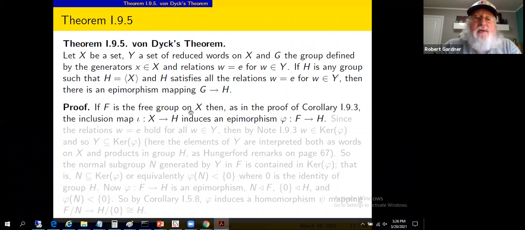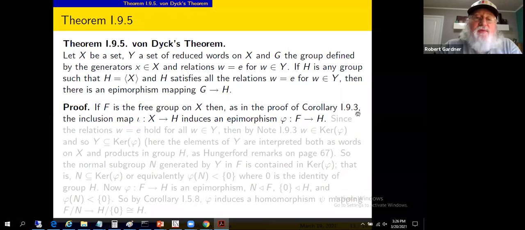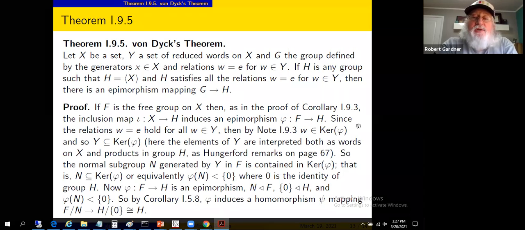So let F be the free group on X. Then, as we saw in the proof previously, the inclusion map iota taking set X into H induces an epimorphism phi mapping the free group into H. All right, so we've got the epimorphism from the free group into H. We need to concern ourselves now with the relations and the generators.